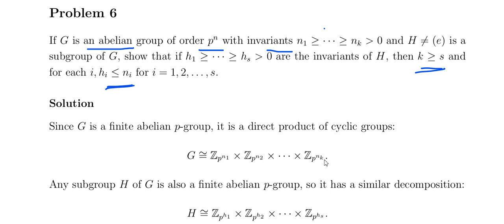So G is an abelian group of order p power n with invariants n1 and so on, and H is a proper subgroup; this is the idea.